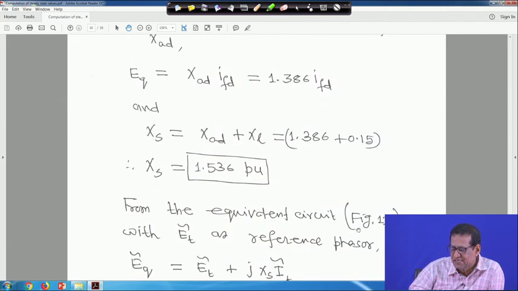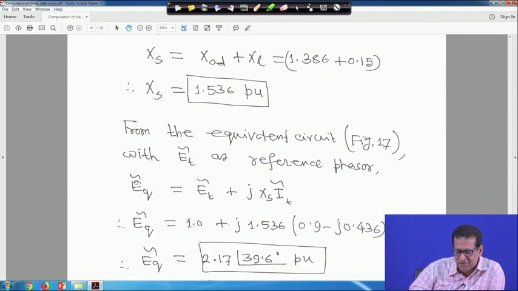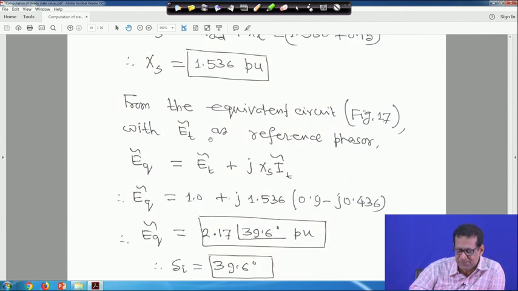From the equivalent circuit, just go back to figure 17 once, this figure 17 with ET tilde as reference phasor, the simple single line circuit. If you see, EQ tilde is equal to ET tilde plus J XS into IT tilde. So, just have a look, there everything is given. ET tilde is 1 angle 0.